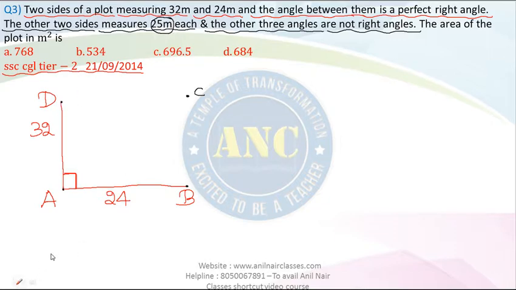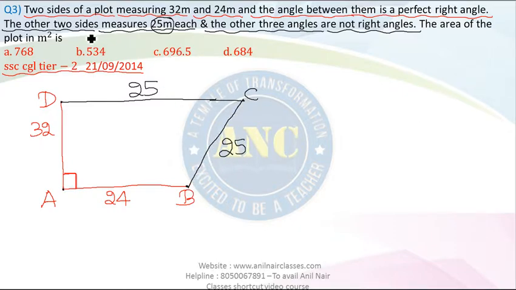That means this cannot be the place where C is located. C should be a little further away. It should be 25, 1 meter more than AB. That means this point I will call C. This is 25 meters, and this particular side is also 25, because the question says the other two sides measure 25 meters each and the other three angles are not right angles.